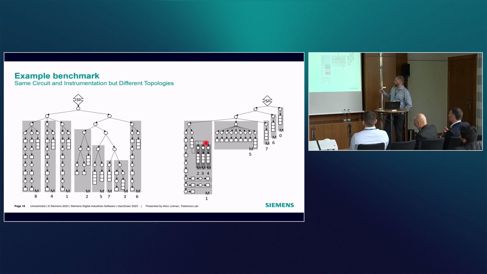Those instruments residing lower down on the unbalanced tree would take more time to communicate with, while high priority instruments would be located very close to the top level access point, right? So these circuits have the exact same functionality, but different topologies to connect the instruments together. Okay.